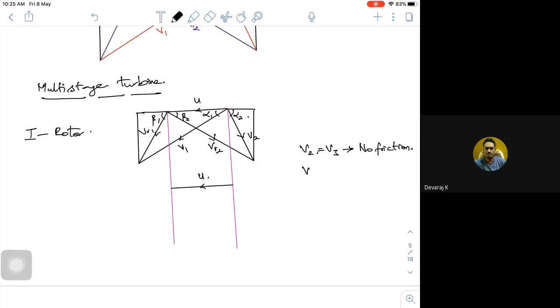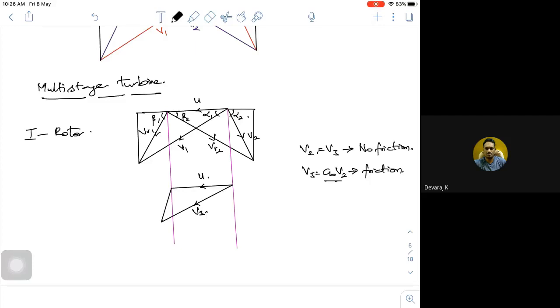Otherwise, your V3 will be some KB, whatever it may be, multiplied by V2 with friction, where KB is the frictional coefficient or loss coefficient. So we have to go to the next stage with V3 and close it.